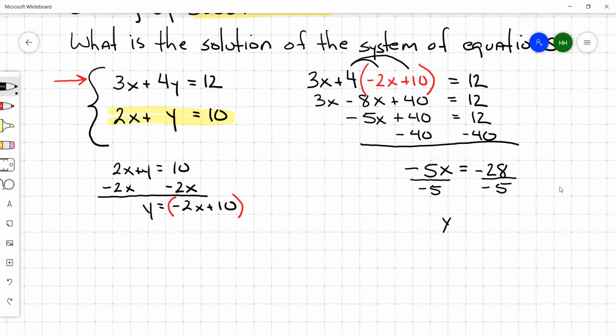And our x is going to be equal to 5.6. Now you have your x value for this system.